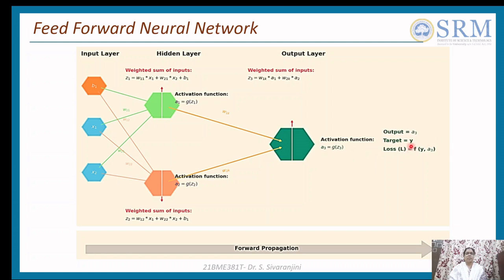The target is the one which you already know. For example, if you give a cat or dog image and you already know it's the image of a cat, then the cat will be the target Y, and what the network outputs becomes the prediction.